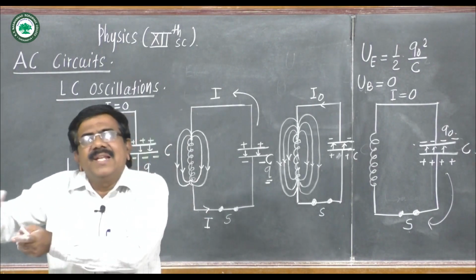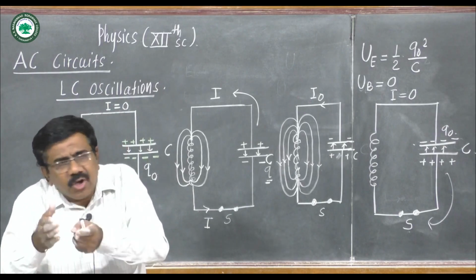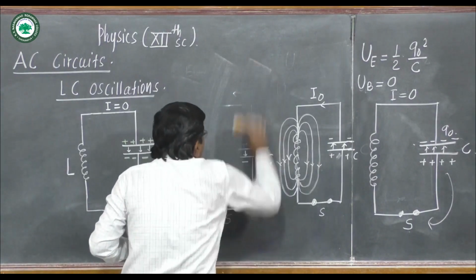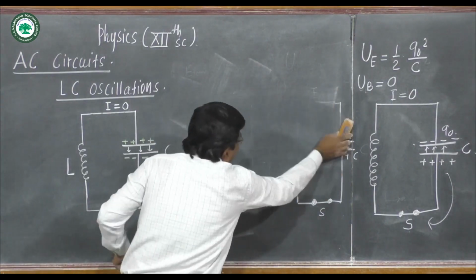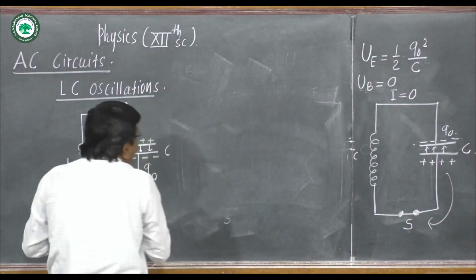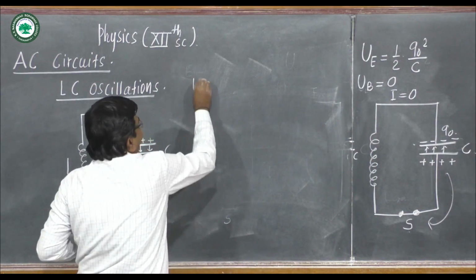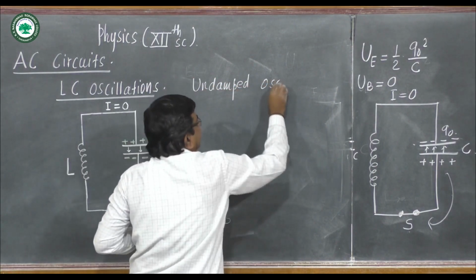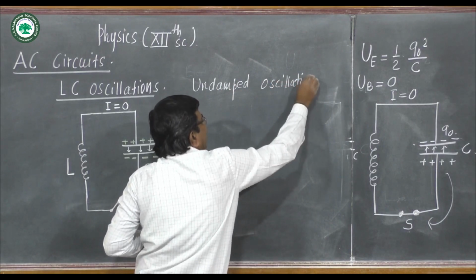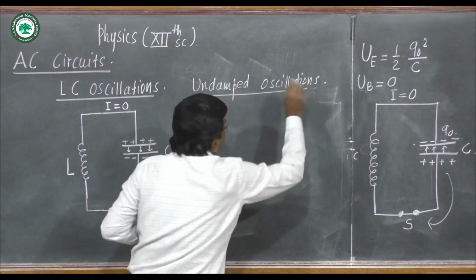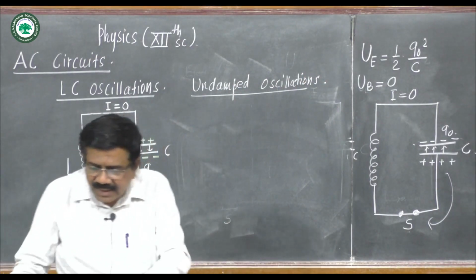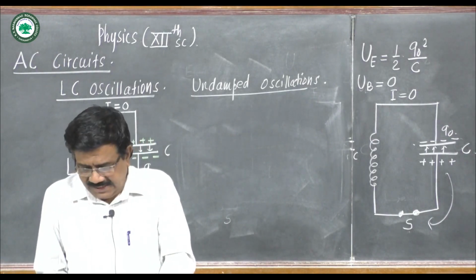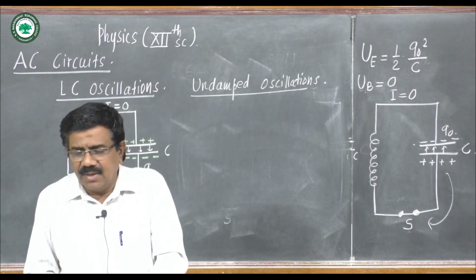If there is no loss of energy, the amplitude of the oscillations remains constant, and the oscillations are said to be undamped oscillations. But there must not be loss of energy during the process.